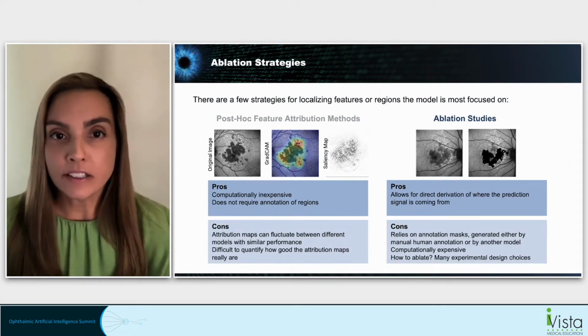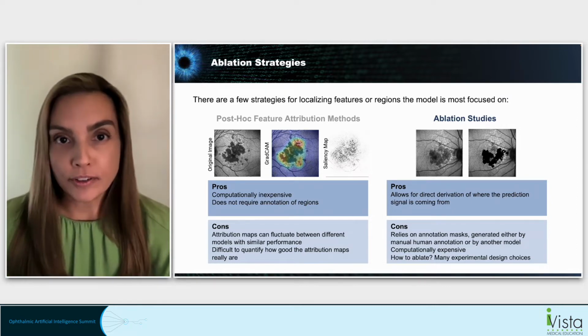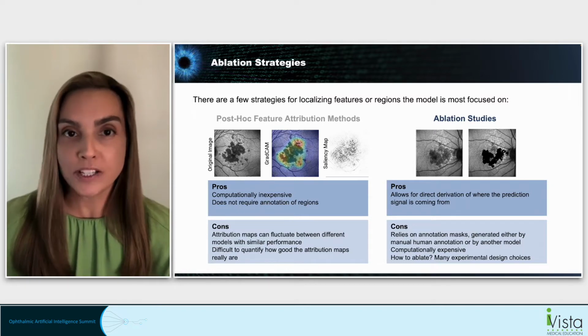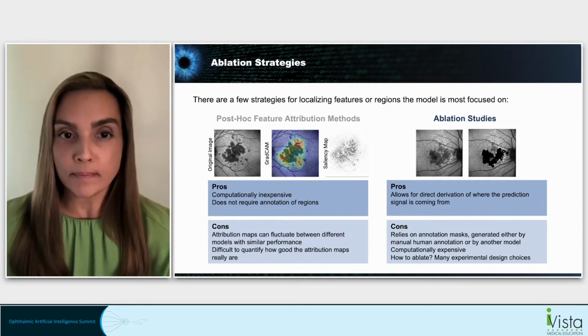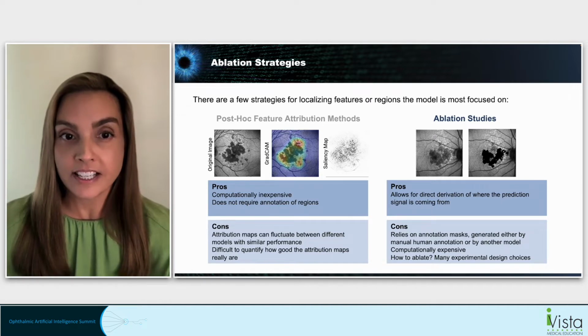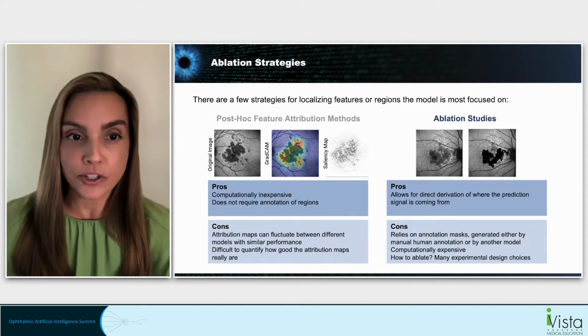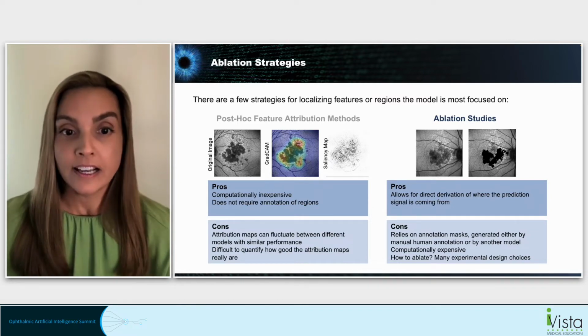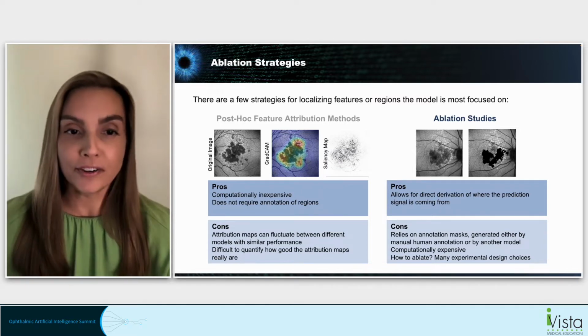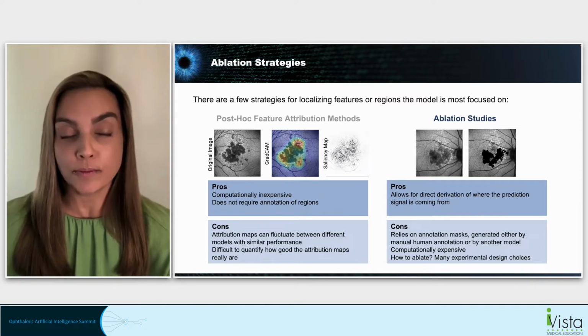Our group and many other groups have been endeavoring such efforts to better understand the deep learning algorithms and which pixels those models are really seeing in the image. Our group and several other independent groups have been using approaches such as attribution methods. Even though they're quite insightful in some circumstances, one disadvantage is that attribution maps can fluctuate even between models with similar performance. And therefore, it's very difficult to really understand how good the attribution maps can be in specific circumstances.